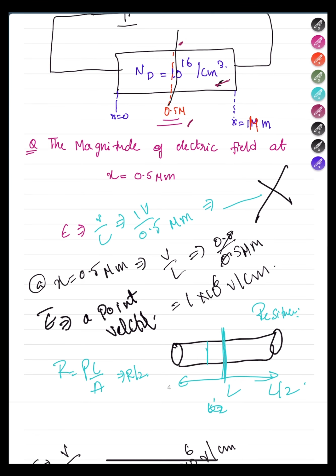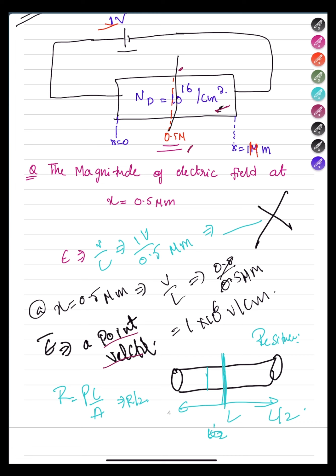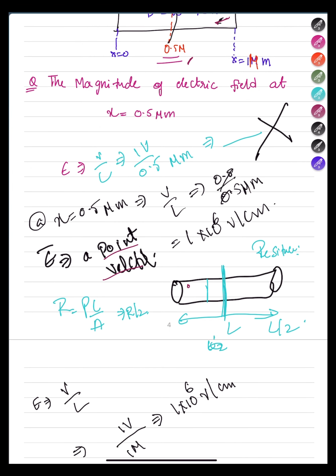Whereas electric field is not cumulative. It is a point vector. That is the main reason the electric field here and here is the same, whereas the resistance over here is not the same. As the length increases, the resistance increases because resistance is a cumulative thing.